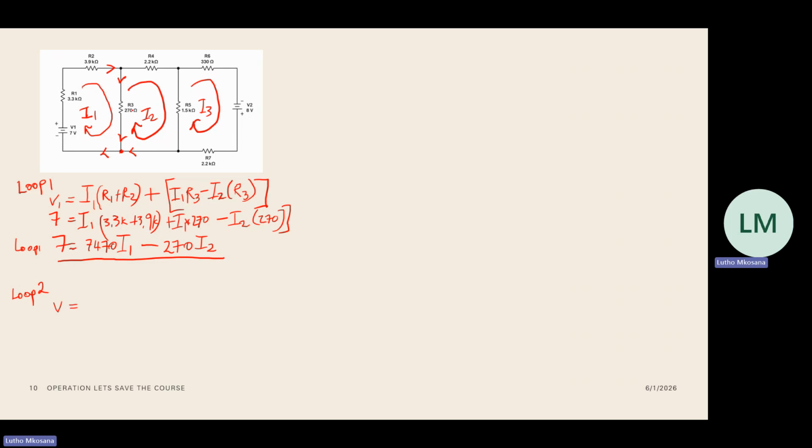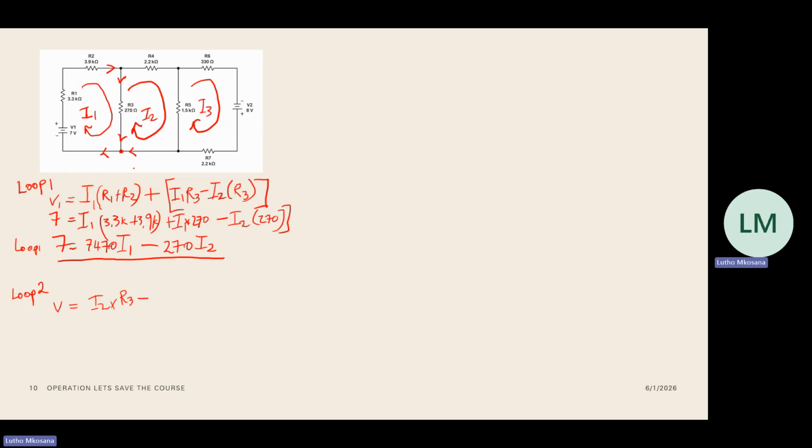So now we still have this current over here relative to loop 2. Now, looking at loop 2, loop 2 is our direction. We have I2 multiplied by R3. If we want the voltage across R3, because I1 is also acting on R3, we have I2 multiplied by R3.